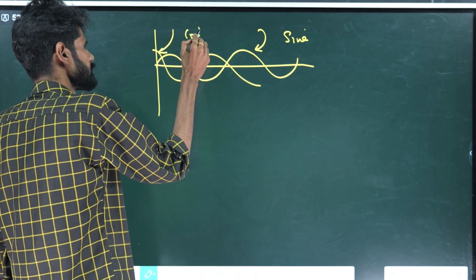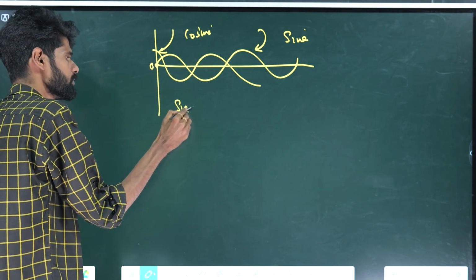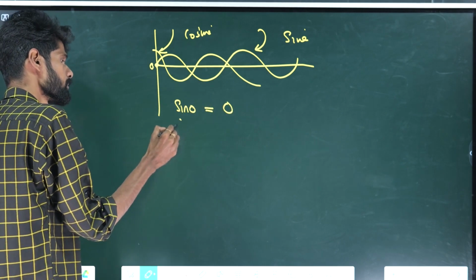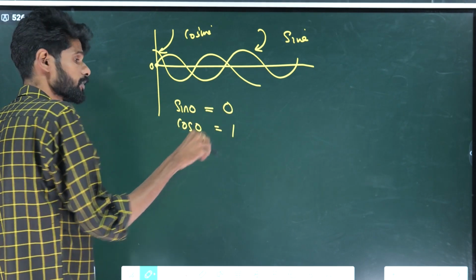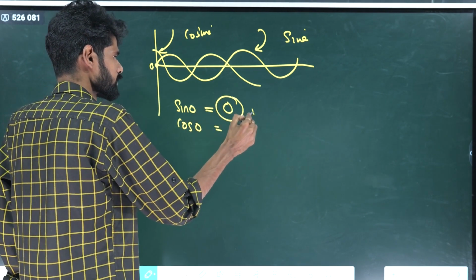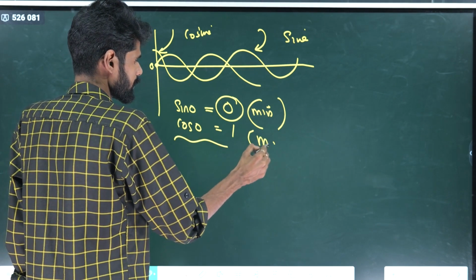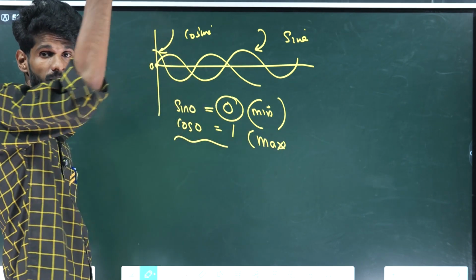We can see that sine 0 is equal to 0, and cos 0 is equal to 1. That means when sine is at its minimum value, cosine is at its maximum value at that instant. So cosine goes ahead and sine comes behind.